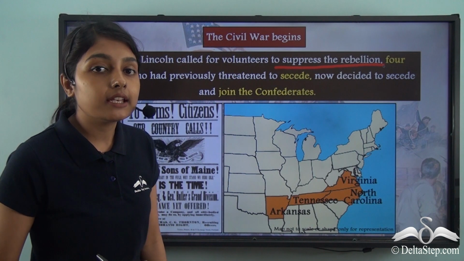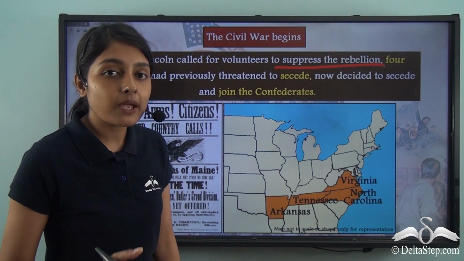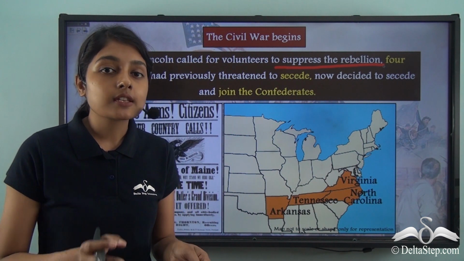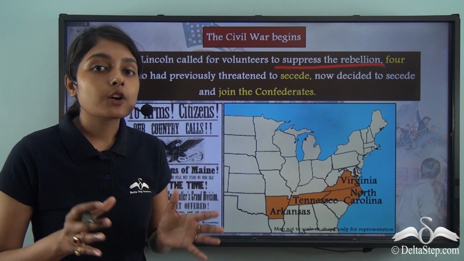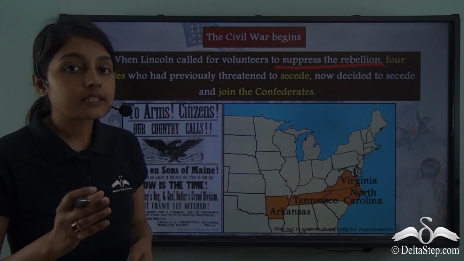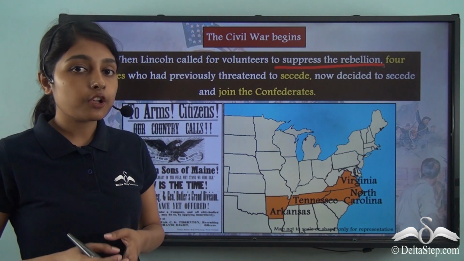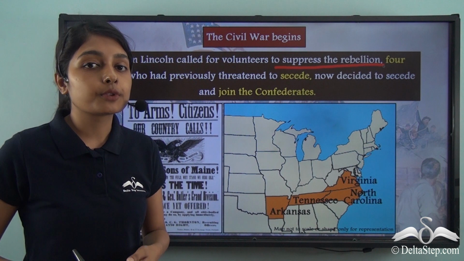So it was finally 11 states under the Confederate States of America that were against the 20 northern states which were on the side of the Federal forces. This is how the American Civil War broke out, and after the Battle of Fort Sumter and Lincoln's call for volunteers, these 4 states finally seceded from the Union.